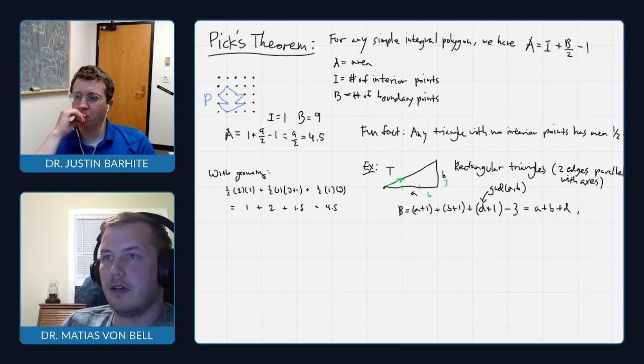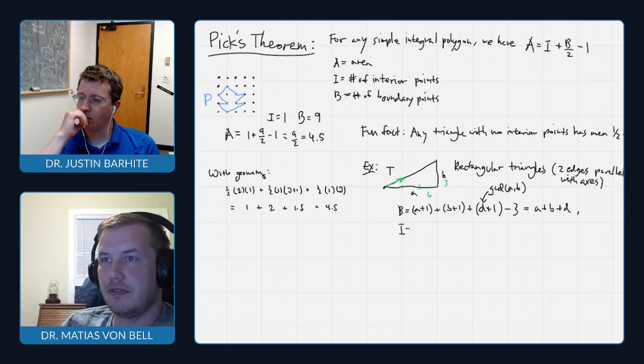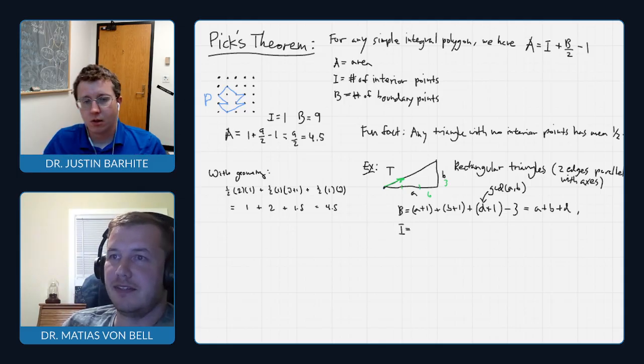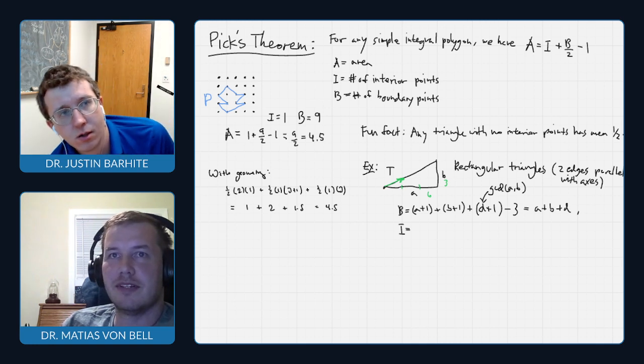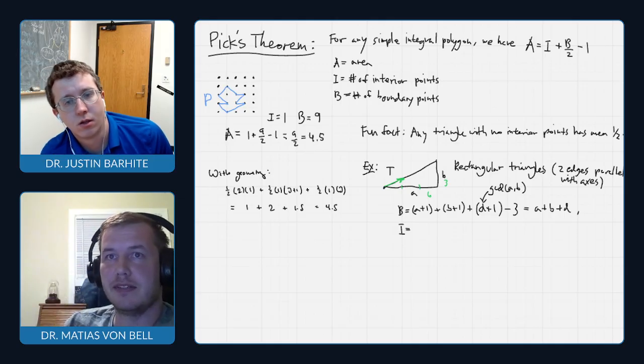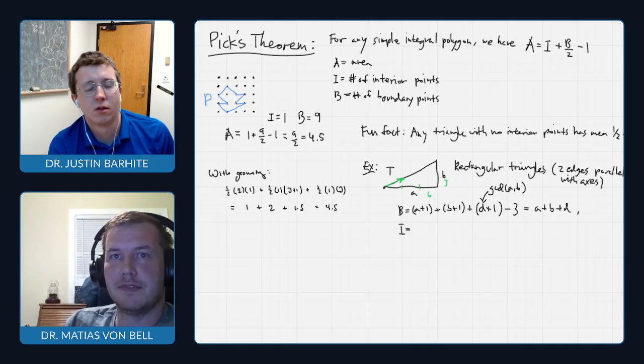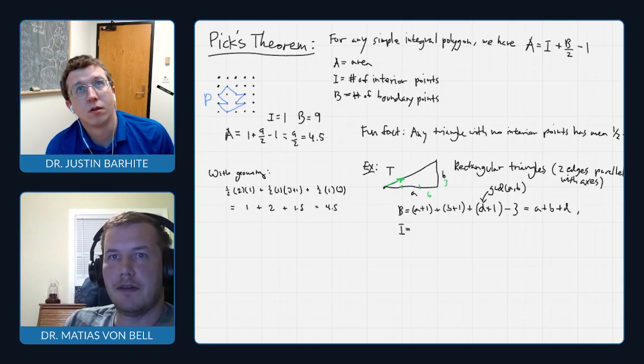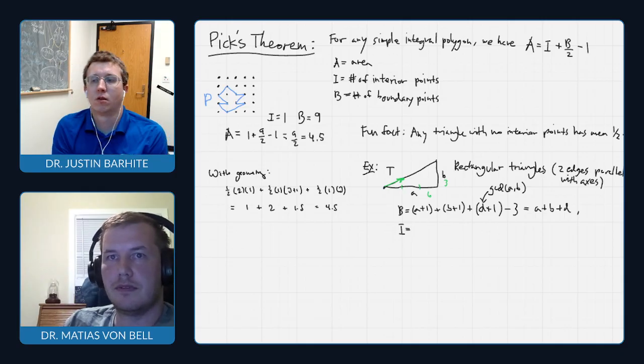Okay. Now let's move on to interior points. Now we can use your intuition that was relatively immediate for counting points. We're going to double the triangle into a rectangle, just like you said.